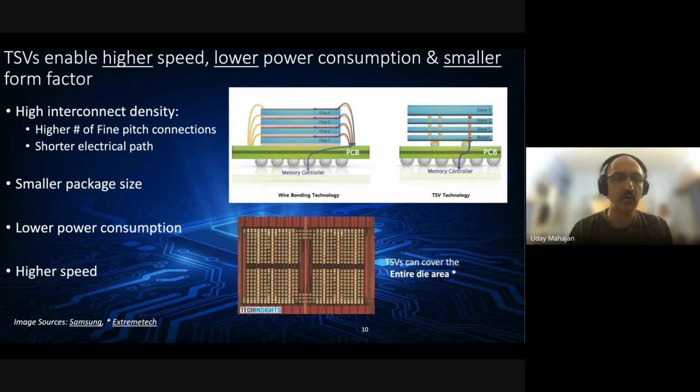And TSVs are used not just to transfer signals, but can also be used to transfer power. They are what are known as signal and power TSVs. So power TSVs also help reduce power consumption by reducing IR drop, voltage droop, power supply noise, and through reduced RC delay. And through this massive parallelism that is enabled by having thousands of connections, you get drastically improved product performance.